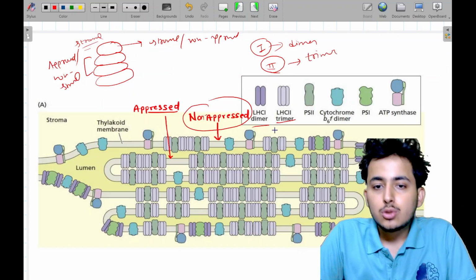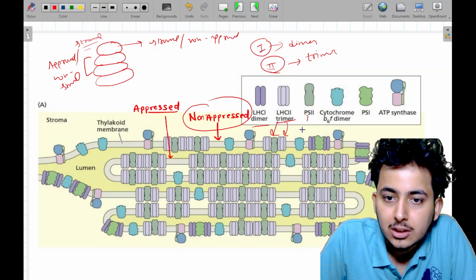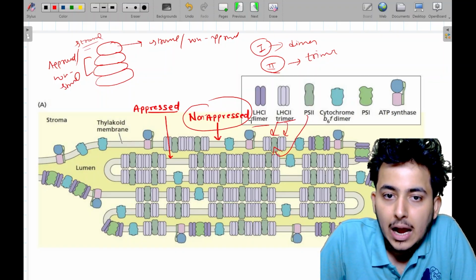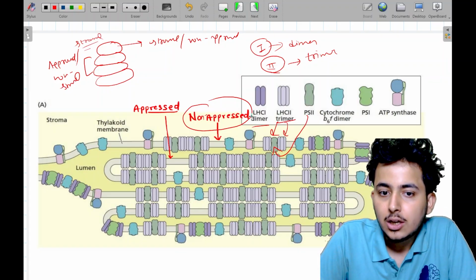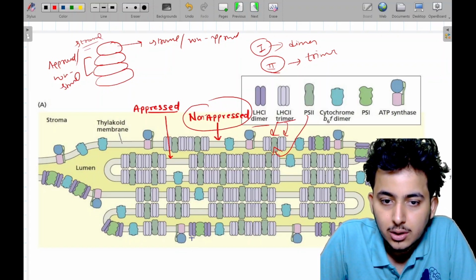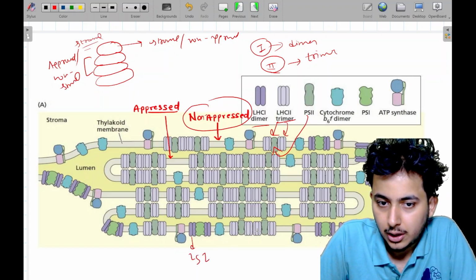Here you have the LHC2 complexes, then this is your PS2, and you can also see your LHC1.